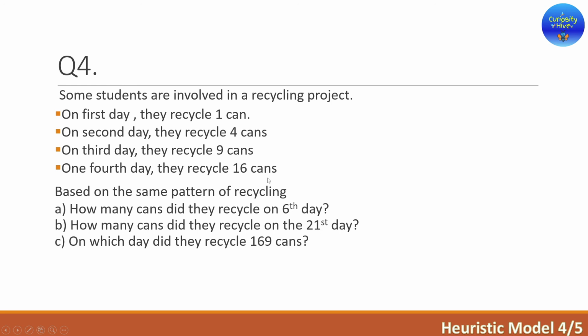Now, based on the same pattern of recycling, so this pattern you have to identify and answer questions A, that is how many cans did they recycle on 6th day, B, how many cans did they recycle on the 21st day, and C, on which day did they recycle 169 cans. I hope you remember the method.